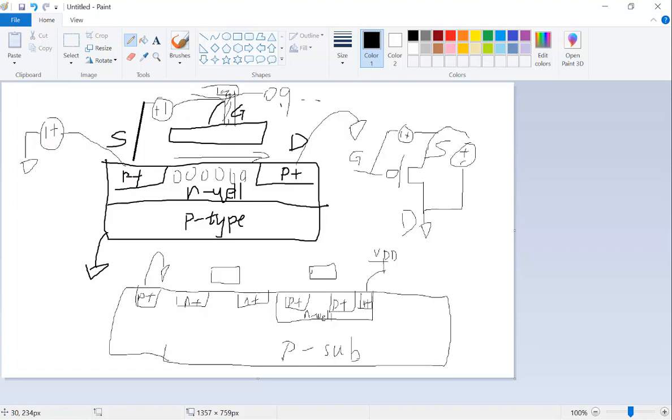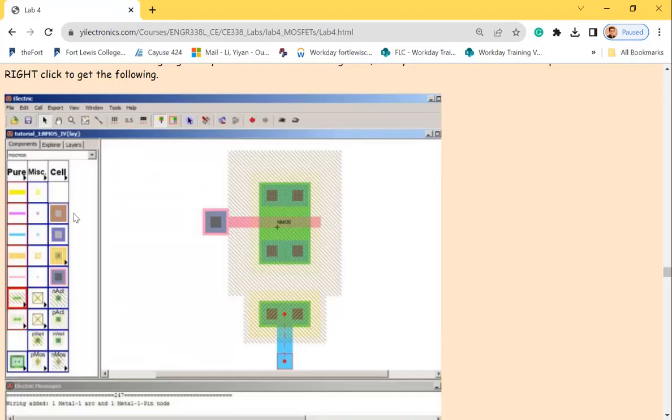It's the same thing. So that's how you connect the gate to metal one. You don't directly put a metal one or via on top of here, right? So what you do is extend it and then put a via here. So this via will connect it to the upper layer, which is metal one, and make a connection to the metal traces.